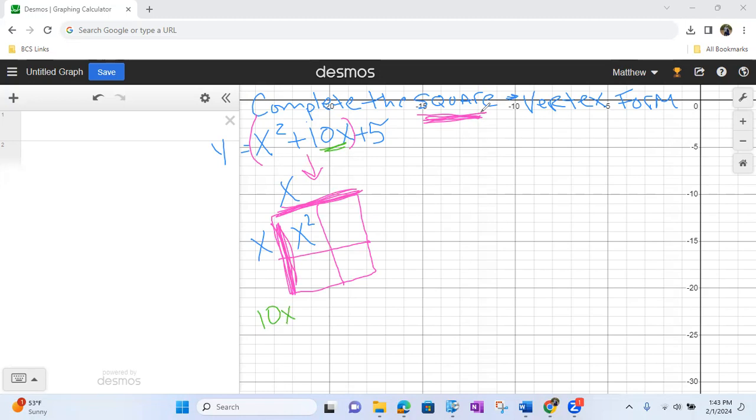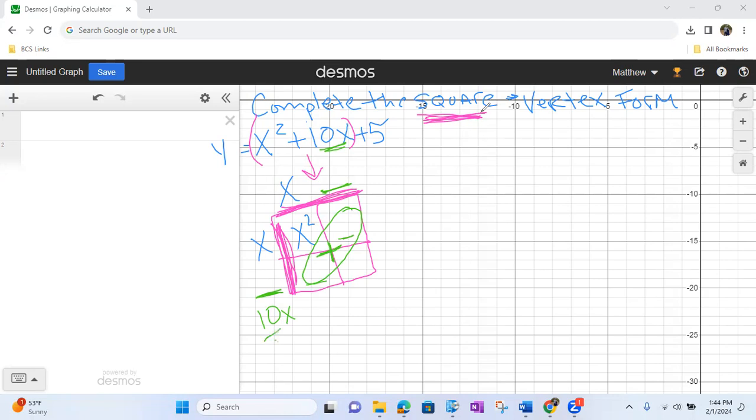If you remember from multiplying binomials, the sum of this diagonal, when we're talking about linear binomials, should add up to 10x. Well, because it's a square, these two sides have to be the same. What would go into each one of these boxes if they are exactly the same?